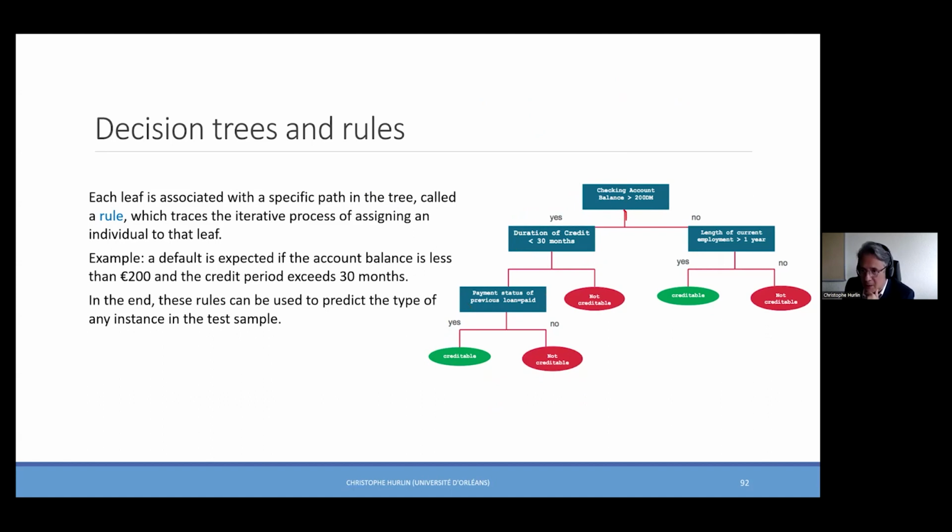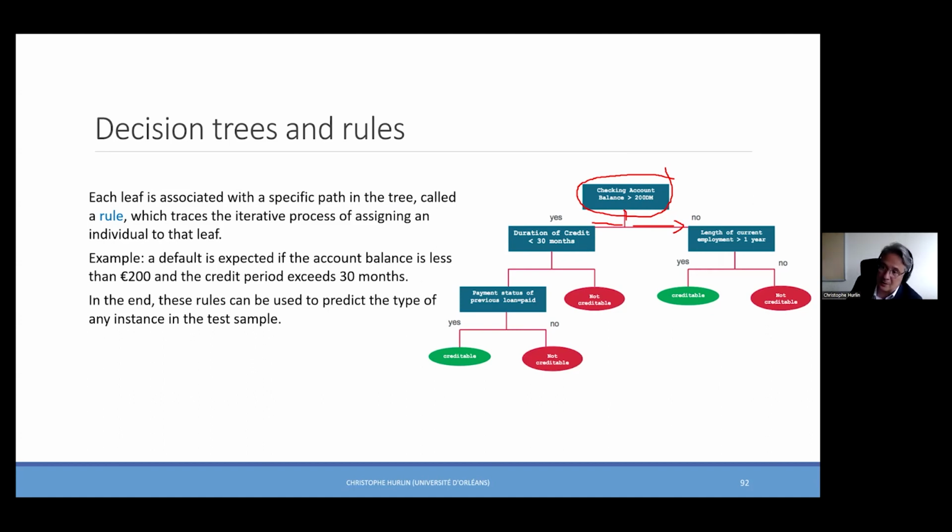And maybe I missed something. Each time I have a decision node here, this is a condition, for instance about the checking account balance. If this condition is satisfied, I go on the left. If it is not satisfied, I go on the right. This is always a rule of thumb, okay?